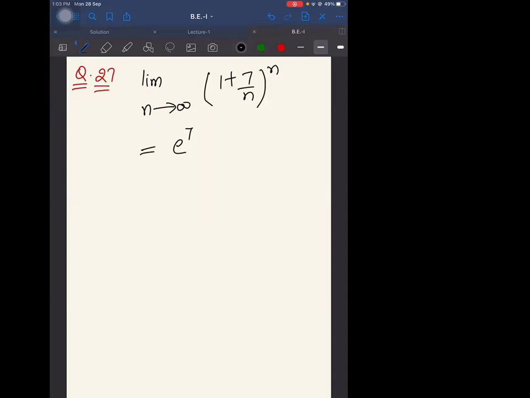Okay, so next is question number 35. We want to find out the limit n tends to infinity of 4n. How can we do it?